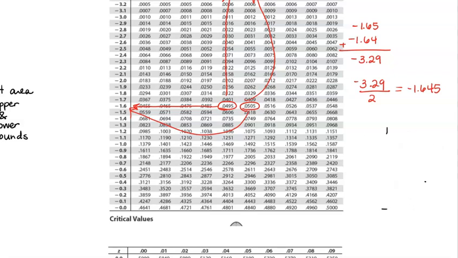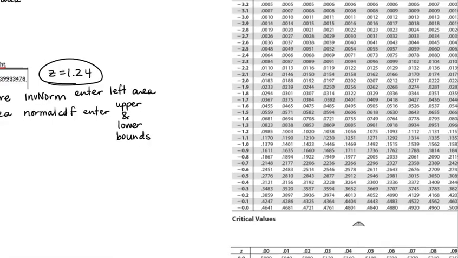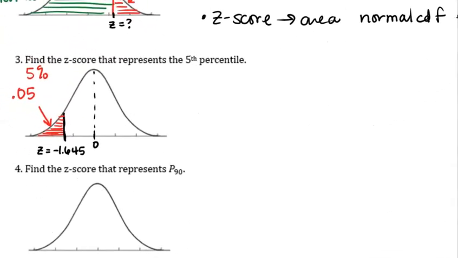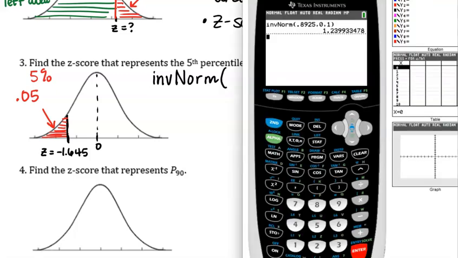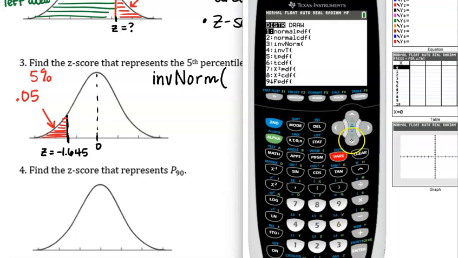Okay, so now we've seen how we could do this problem with the table. Now let's see, how could we do this problem with the calculator? If I was doing this problem in my calculator, I would need to go back to my invNorm function. So I hit second vars to get to distribution and I go down to invNorm.